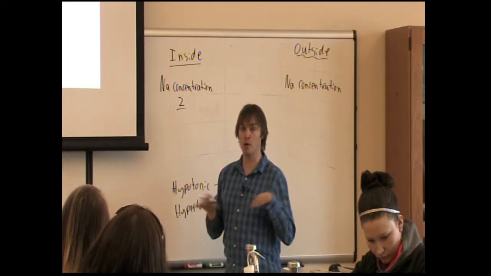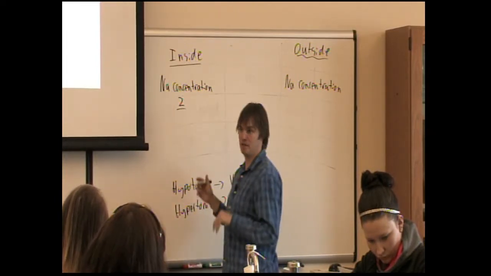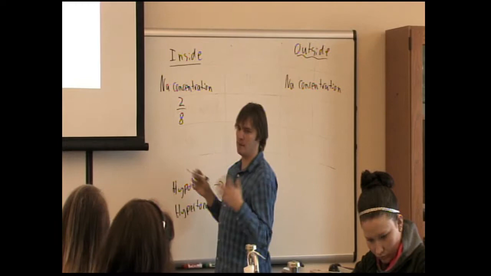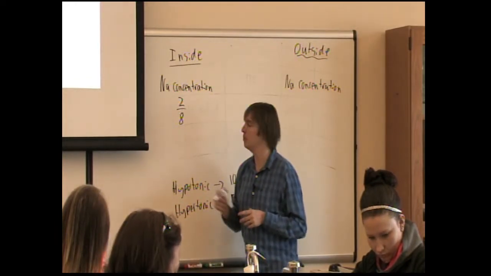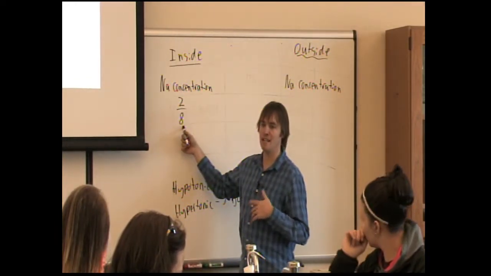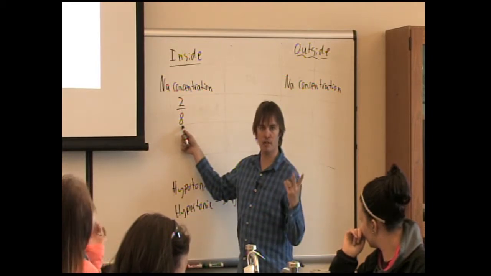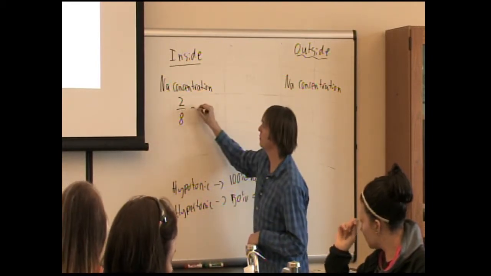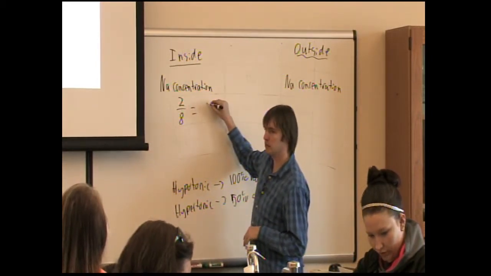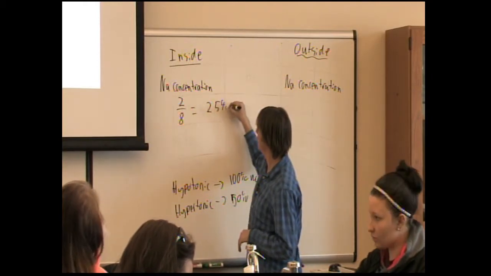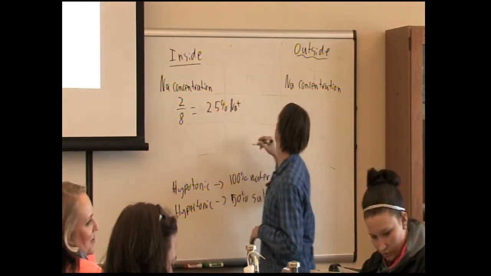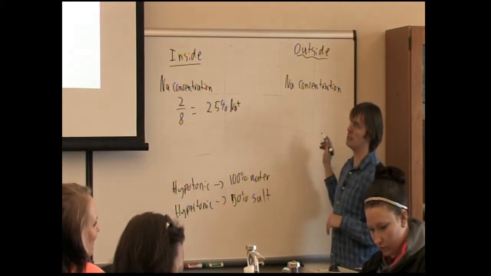I usually do the total number of molecules. As long as you do it the same way on both sides, it wouldn't matter. There's 2 sodium, there's 8 total molecules: 6 water, 2 sodium. So what percentage is that? Okay, so we have 25% Na+. What about outside, in the beaker?